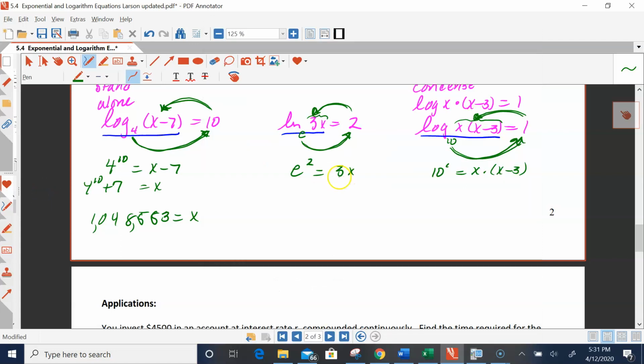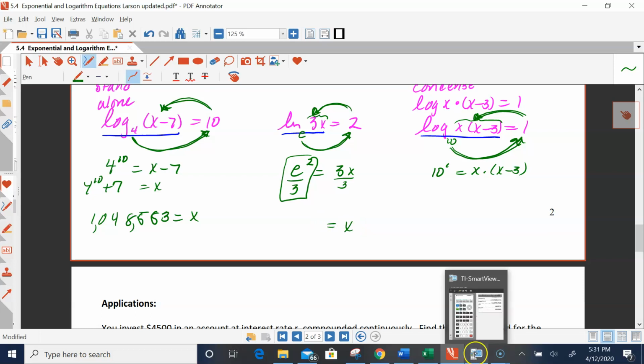Okay, how do I solve this one for x? Divide by 3. And I'll have x equal e squared over 3. This would be the exact answer, but if I wanted a decimal approximation, I would take e, square it, then divide it by 3.